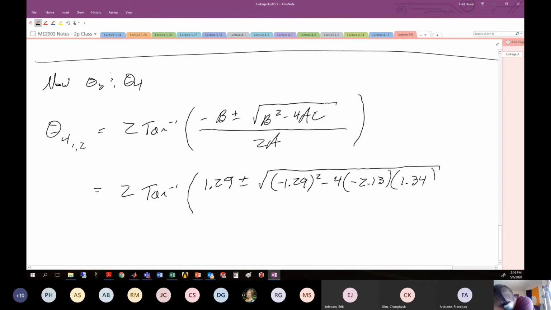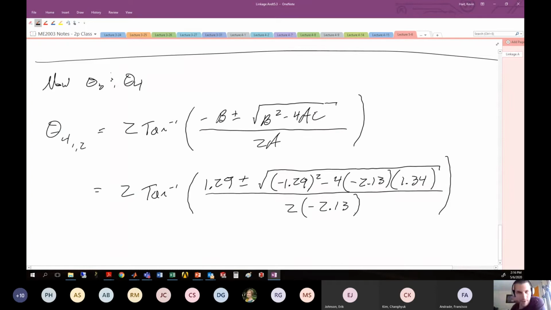And this is our general expression here, all over 2 times A, which is negative 2.13. So here's your expression for theta 4. Let's take a look at this quadratic really quickly, just so we're on board. When we square the negative, it's going to be positive, and then we're going to subtract from it this negative value, so we'll add a positive value. So this term here will be positive.